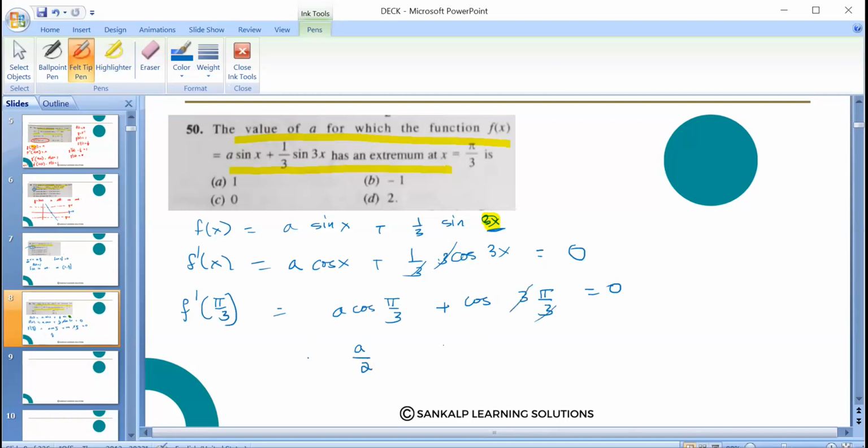Cos pi is minus 1. A by 2 equal to 1. That means a equal to 2. Clearly, they ask you the value of a. That means option D is the correct answer.